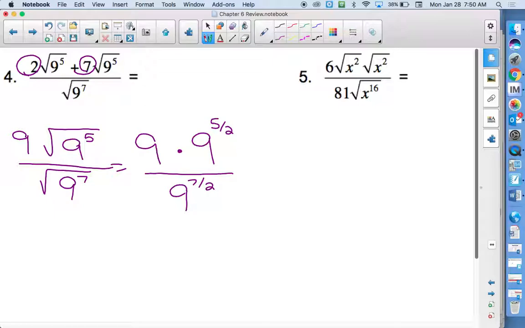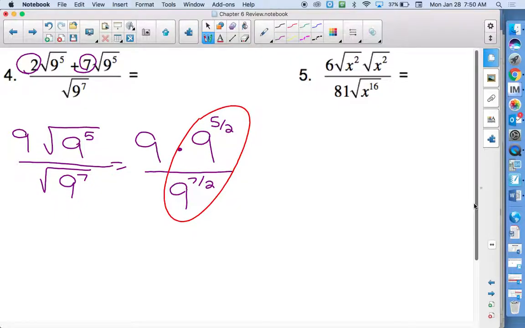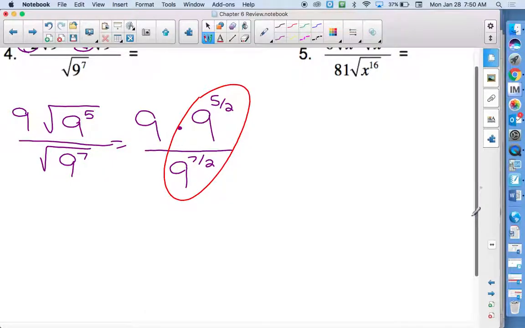Okay, so now we have it written a little differently. It's written as a fractional exponent. What else can we do? Connor, what did that do to help with the problem? You can subtract the exponents now. So these 9s right here, they both have fractional exponents. You can subtract them. Connor, where's the larger power? In the denominator.